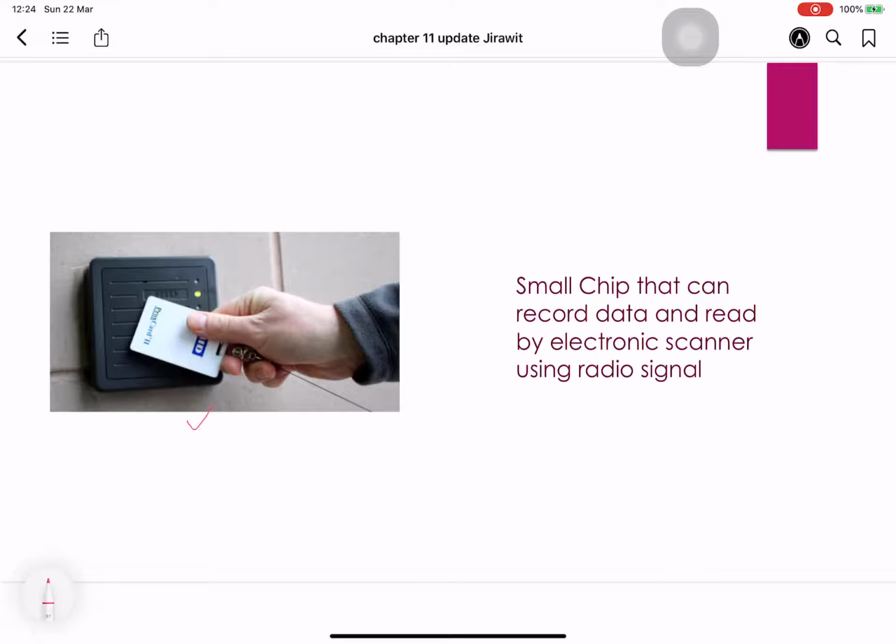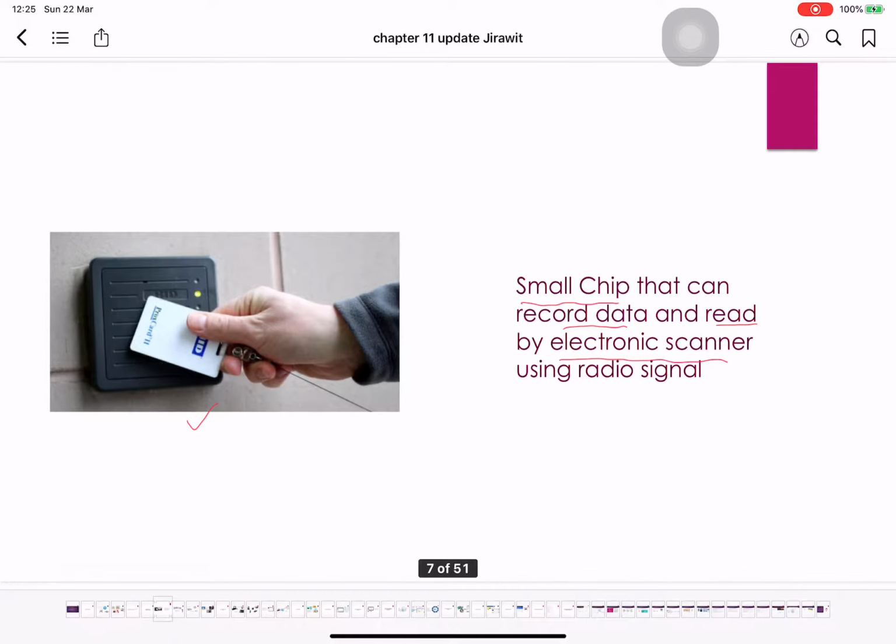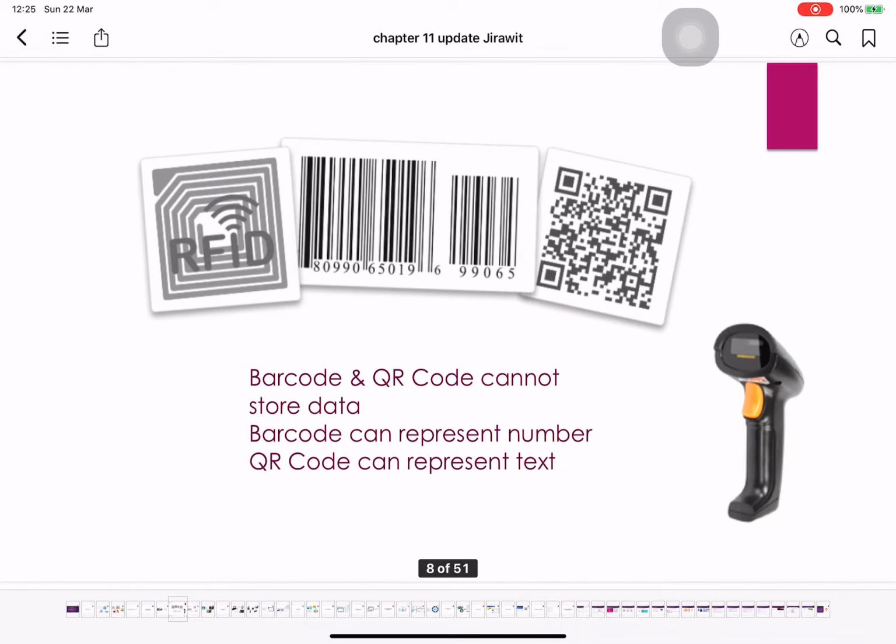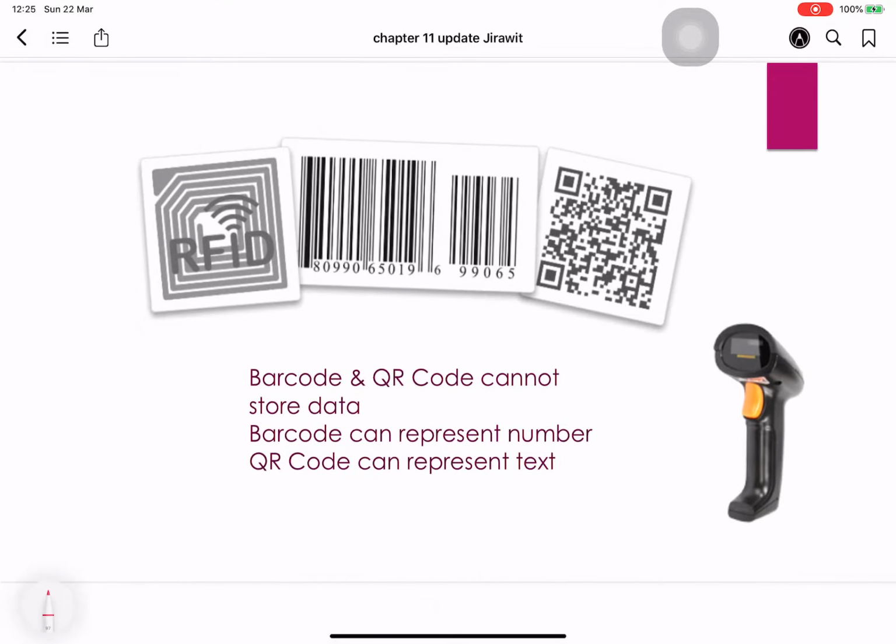When you want to get in, you can use a small chip to record your data, read by an electronic scanner using radio signals. And when you pay, you can see the barcode and the QR code, and this is RFID.